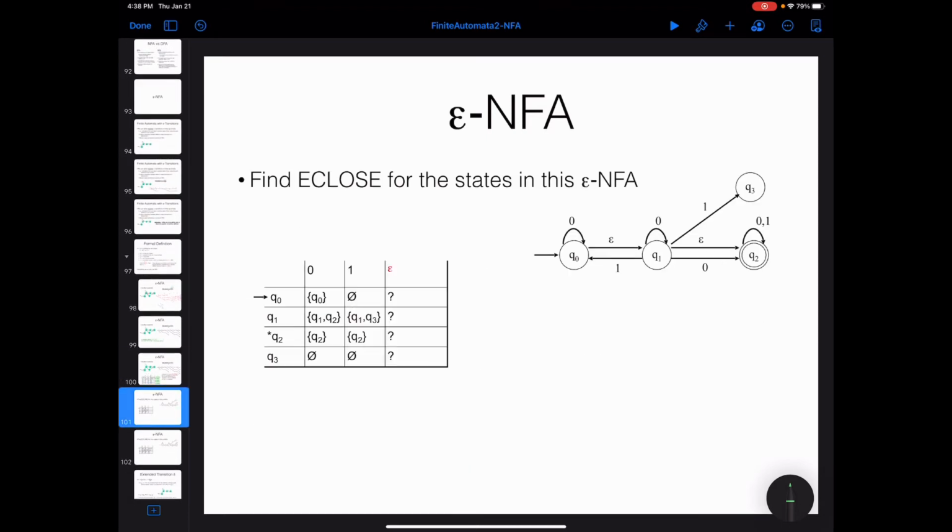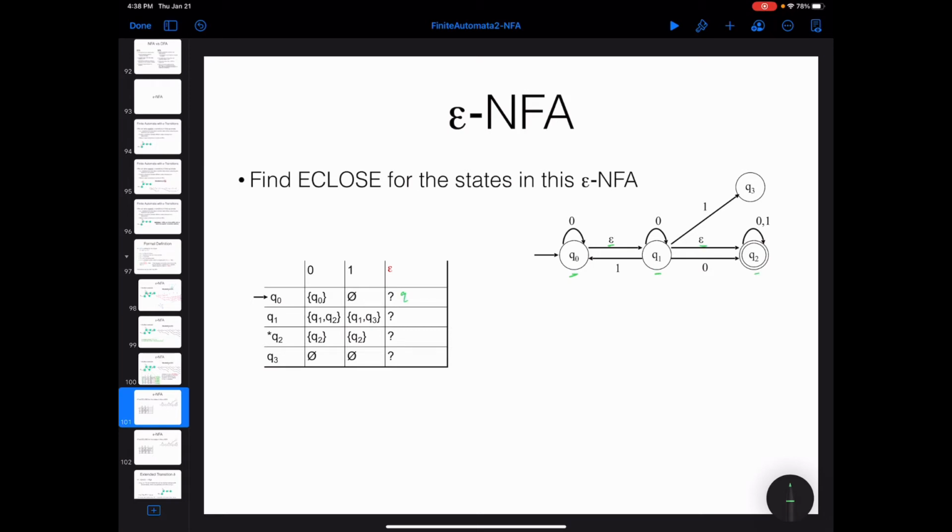So let's do some exercise here over this finite automaton. What is going to be the equivalence for all the states? For Q0, the equivalence is going to be Q0 because of this epsilon transition, Q1 as well, because of this epsilon transition, Q2 as well, but nothing else can be added.